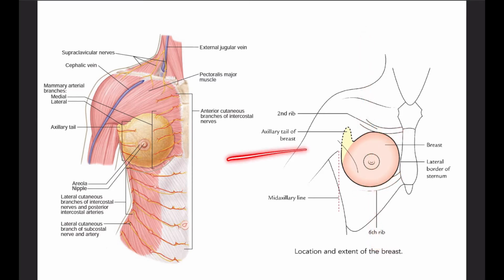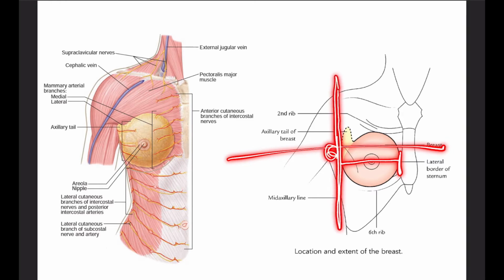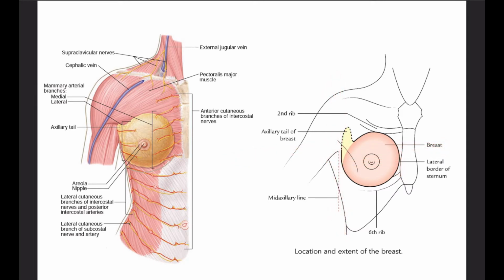Horizontally, it extends from the lateral border of the sternum to the mid axillary line. This is the axilla, so the mid axillary line. So vertically it extends from second rib to the sixth rib and horizontally from the lateral border of the sternum to the mid axillary line.